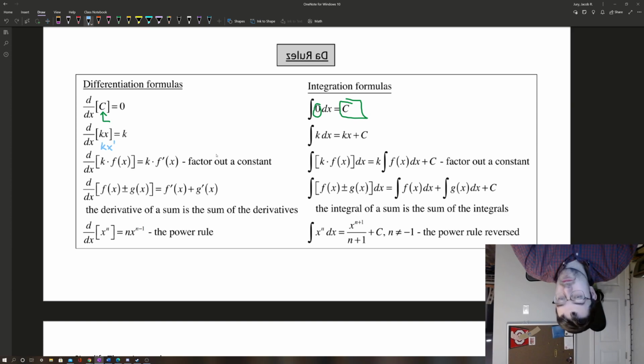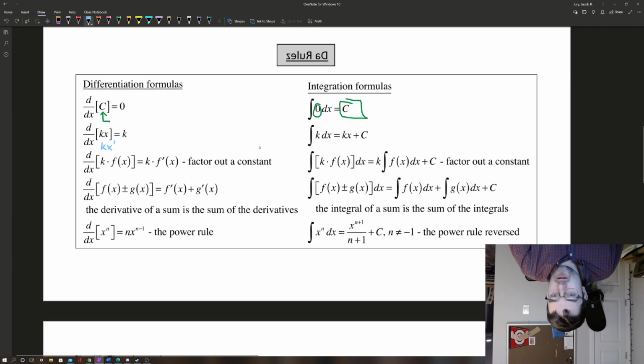So we apply a little power rule logic to that, and we get kx to the 0, which is just k. So likewise, if we wanted to integrate that, if we start off with a constant, then we know we multiply in an x variable.